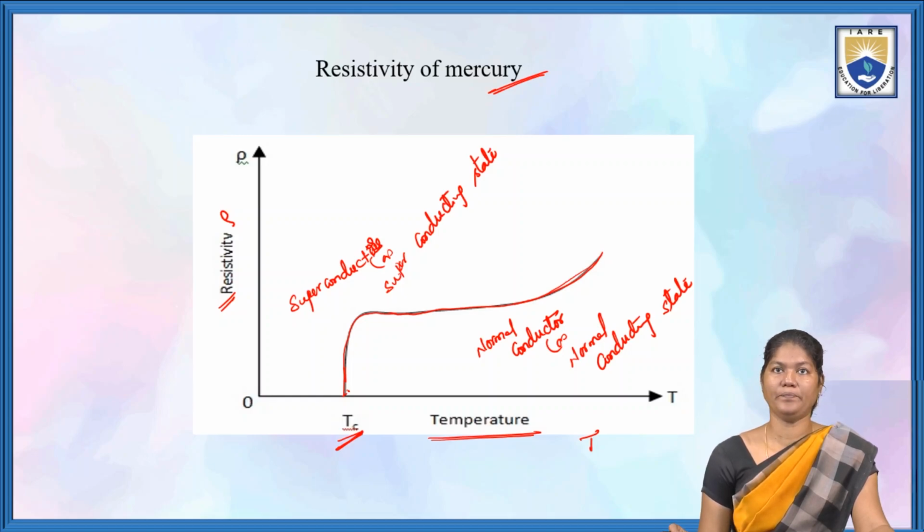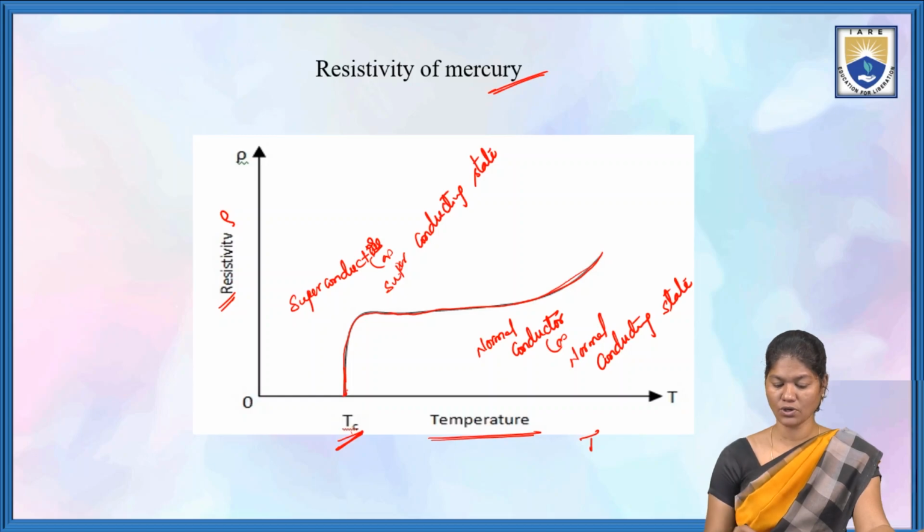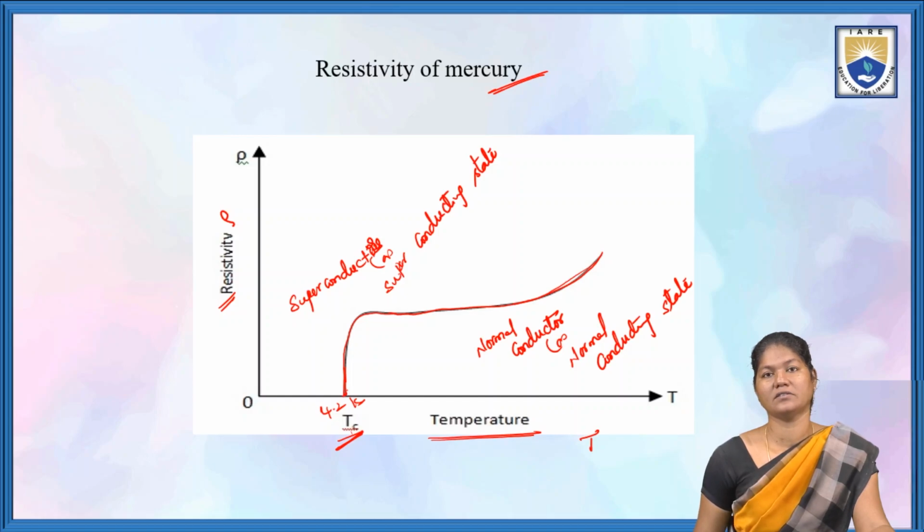It shows almost zero resistivity, and then it shows the property of superconductivity. Below this Tc, this conductor acts as a superconductor. Above the critical temperature, this conductor acts as a normal conductor, the normal conducting state. At 4.2 degrees Kelvin, it is the critical temperature or transition temperature from normal state to superconducting state.